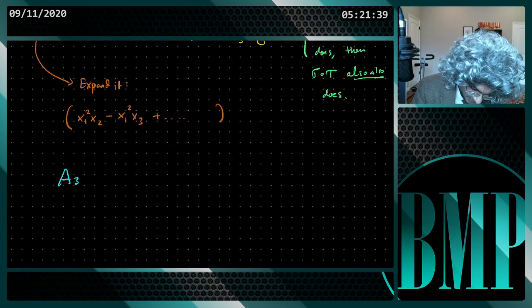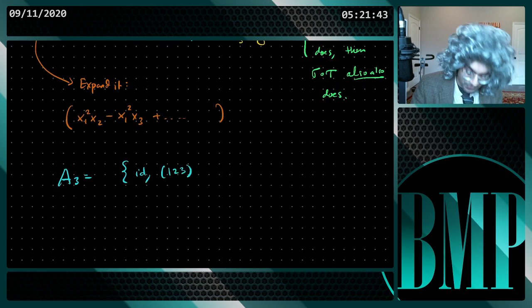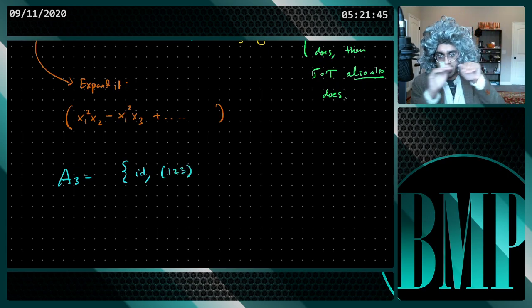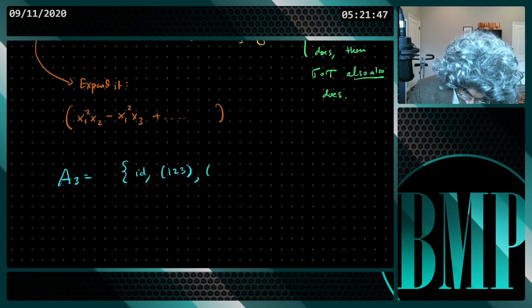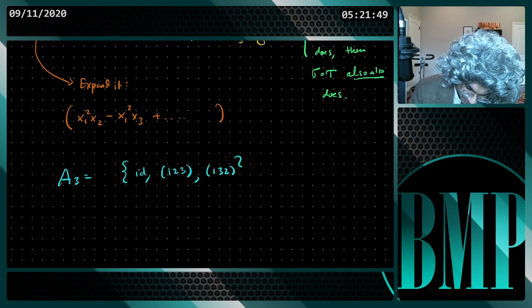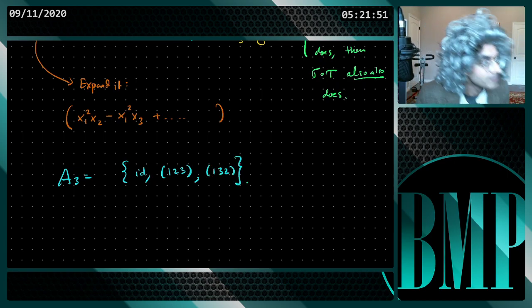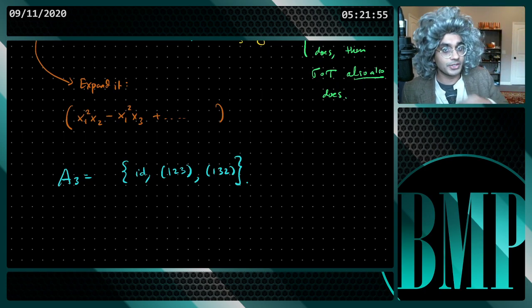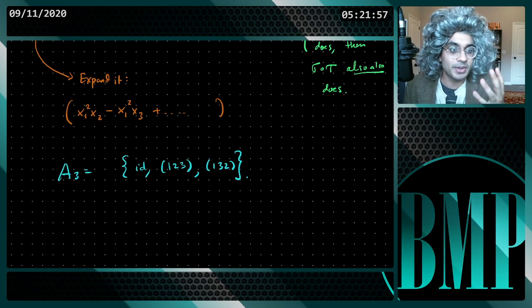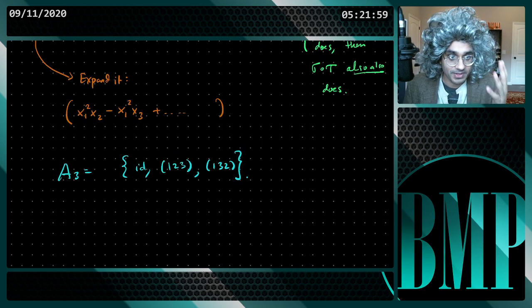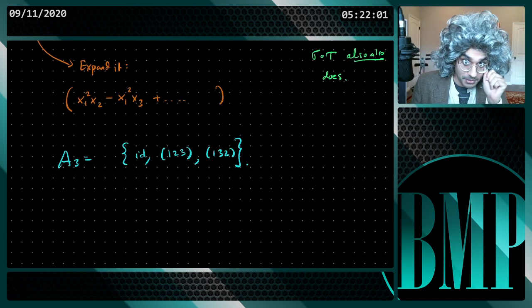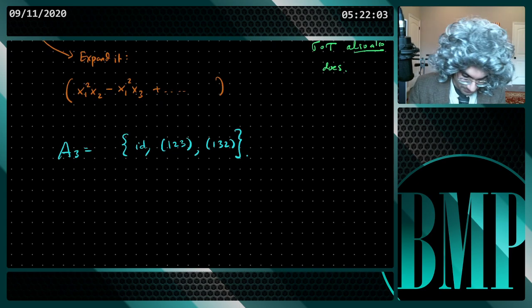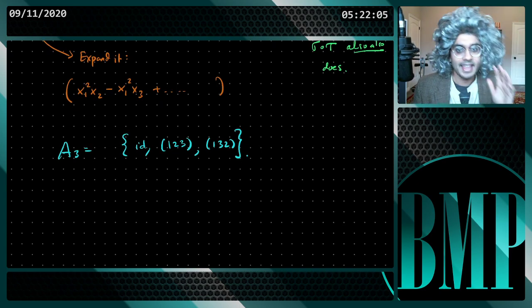A3 is identity, the cyclic shift, musical chairs, or whatever. And then the square of musical chairs, which is that element. Okay? 1 goes to 3, 3 goes to 2, and 2 goes to 1. So this is what A3 looks like concretely. All right? And notice it has 3 elements. All right, A4.